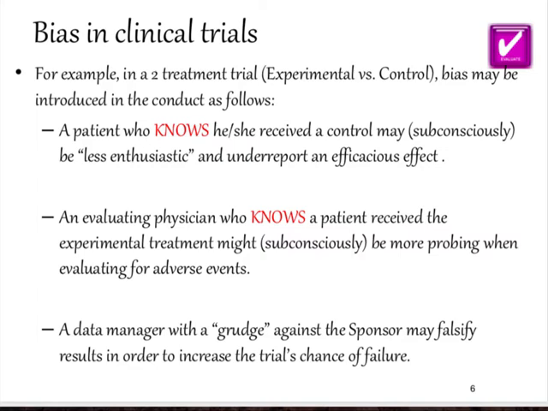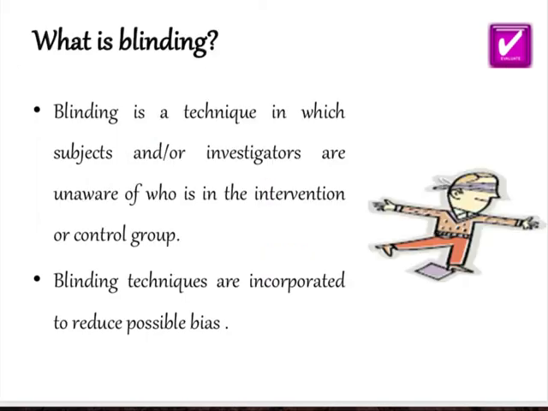Also, if the evaluating physician knows that this is the drug, he might report the adverse events more. And lastly, the data manager or the biostatistician might change the way he does the statistical analysis if he knows what is the treatment and what is the control.